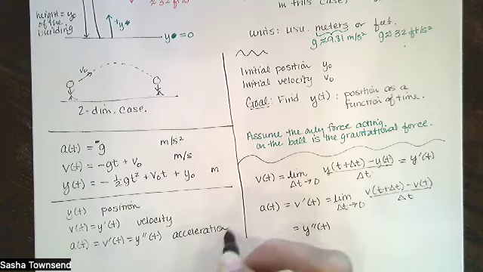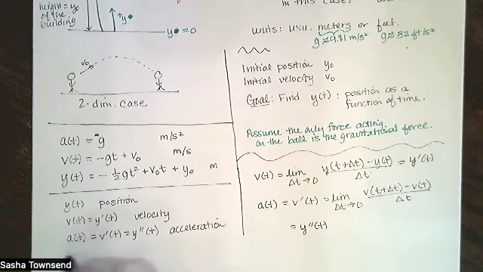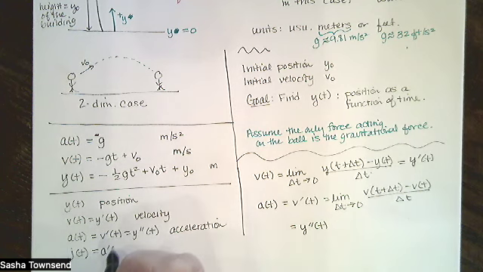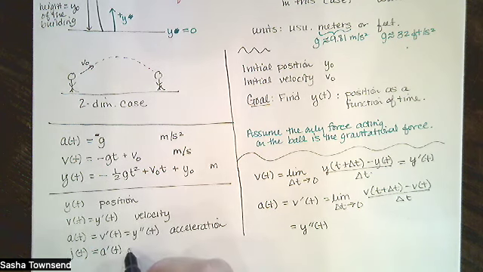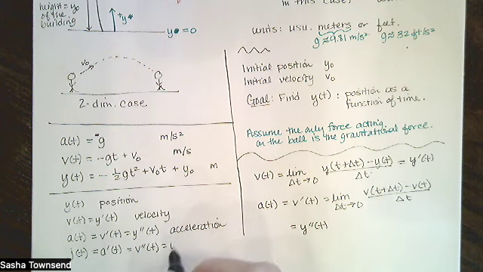There's another one which doesn't come up very often, but you can take the third derivative. We call that jerk. It's the derivative of acceleration. But the jerk in this case is 0, because if I take the derivative of a constant, I get 0. The first derivative of acceleration is the second derivative of velocity, which is the third derivative of position.